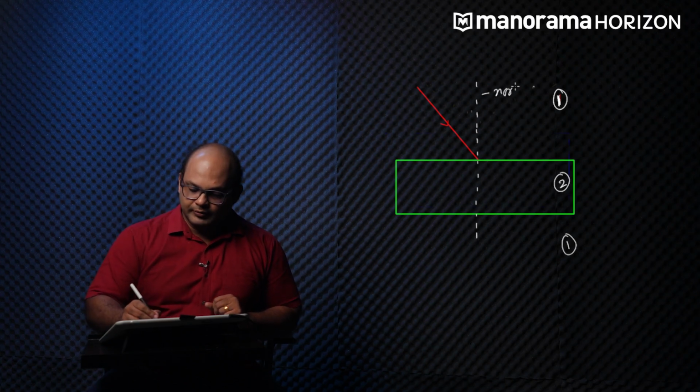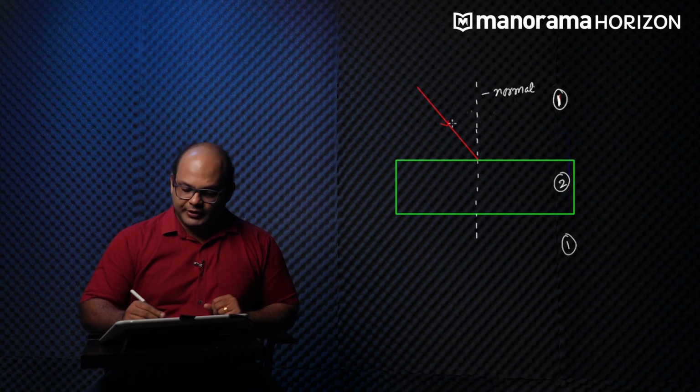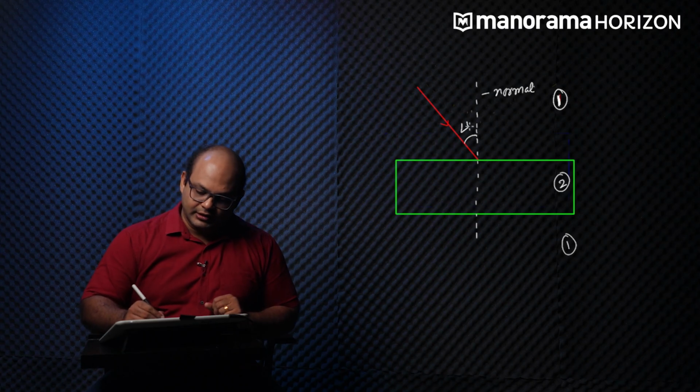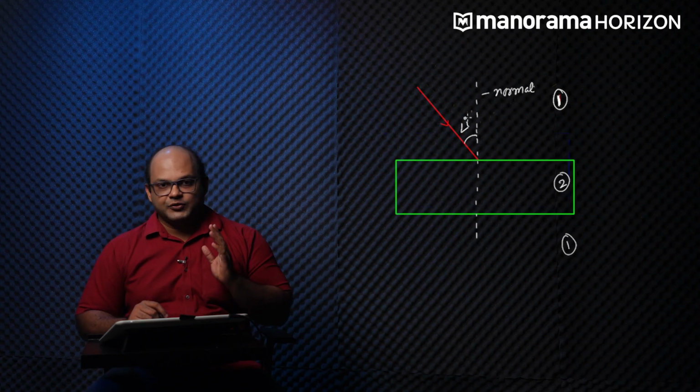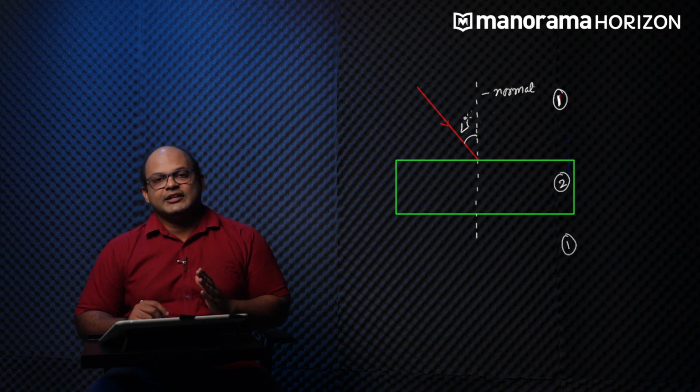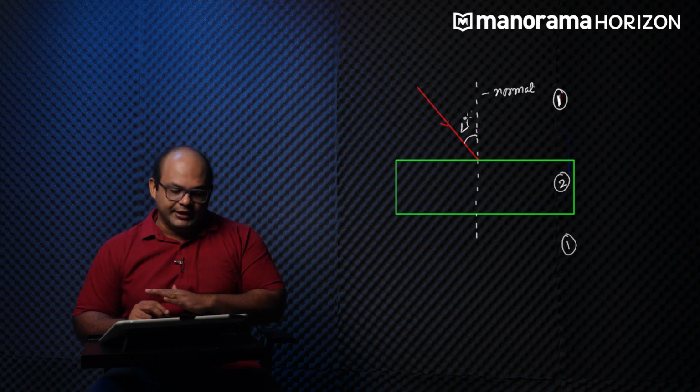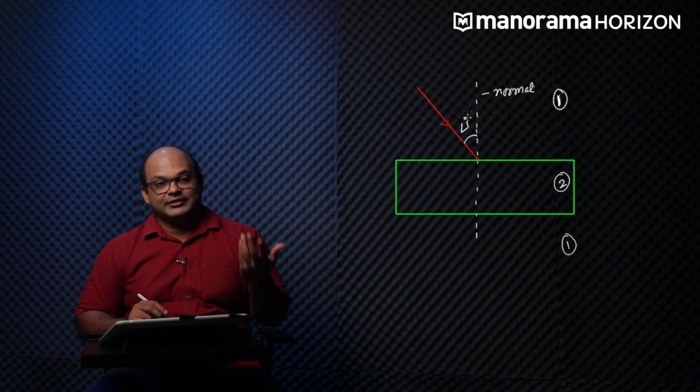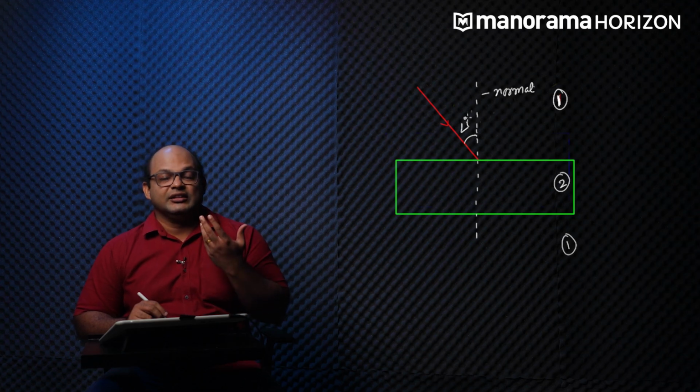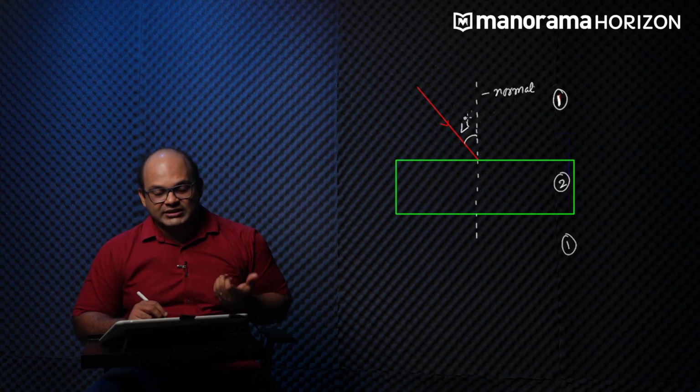This is the normal, and we measure the angles with respect to this normal. So here we have the angle of incidence. As we learned before, if the light is entering from a rarer medium to a denser medium, that is n2 to 1 is greater than 1, in that case, the refracted ray will bend towards the normal.